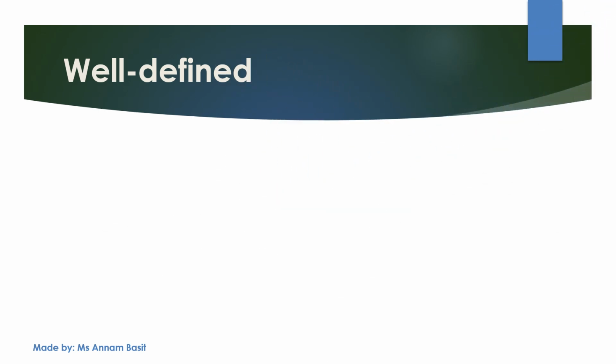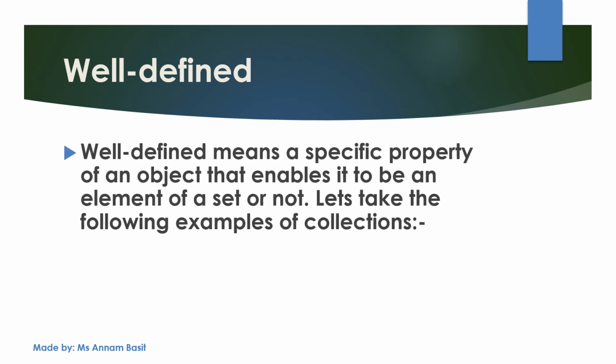When it comes to well-defined, what does it mean in mathematical terms, or in the definition of a set? Well-defined means a specific property of an object that enables it to be an element of a set or not.